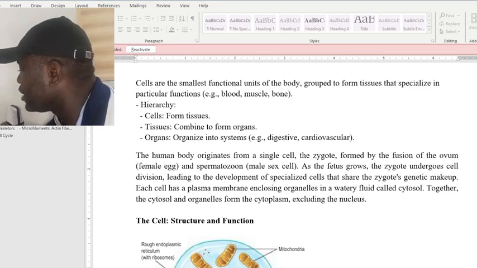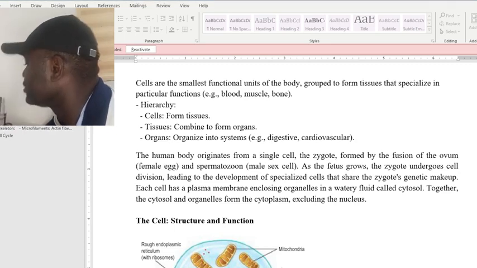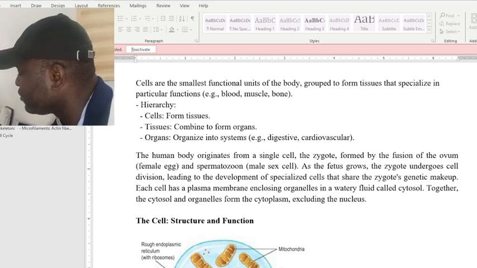So we all are formed from this single unicellular organism called the zygote. The zygote is the fusion of the sperm and the ovum.